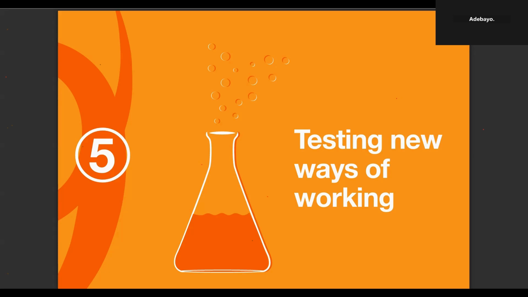So before we put it out there for our staff or customers to start using, we have to test it, whether it's working or not, and be sure that the solution we are putting out there is efficient and effective, right? That is the reason why we need to test this new way of working that we've derived. We need to test our to-be state, our desired state, our future state. And that is what we'll be looking at next class, right?